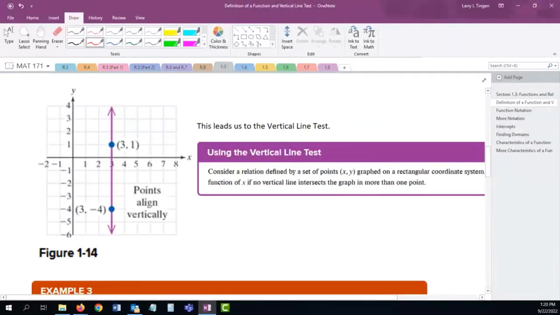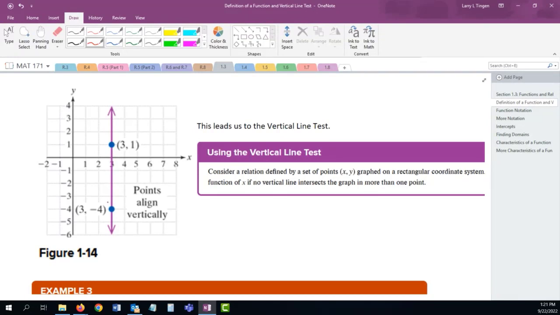Well, if I graph those 2 points, here's (3, 1), here's (3, -4). If I have one x value in the domain that's pointing to multiple y values, when I graph it, those 2 points are going to be on a vertical line, okay? Because they both have the same x value.